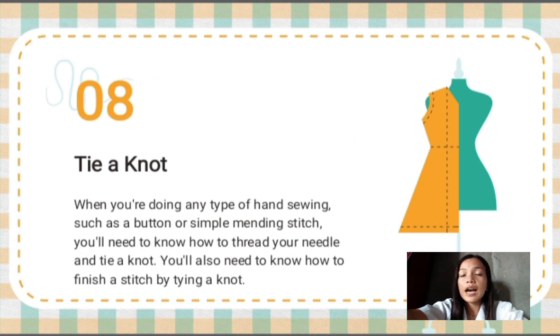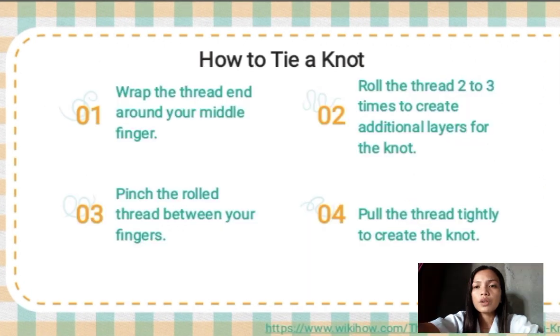And next is how to tie a knot. When you're doing any type of hand sewing, such as buttons or simple mending stitches, you need to know how to thread your needle and tie a knot. You'll also need to know how to finish the stitch by tying a knot. So, how to tie a knot?